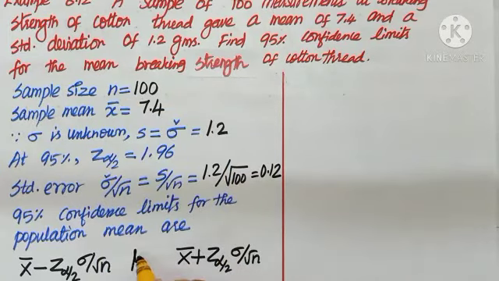Mean of the population we call mu. So mu is between these two values. So this is an interval estimate. We are giving what may be the values for mu. From what to what? This is lower limit, this is upper limit. Substitute and simplify.